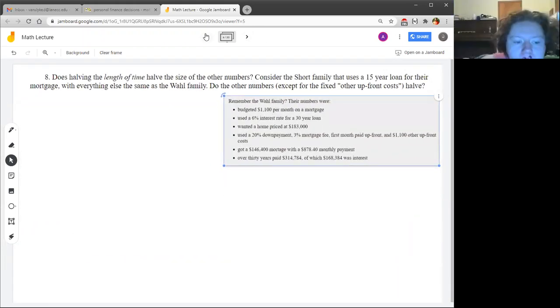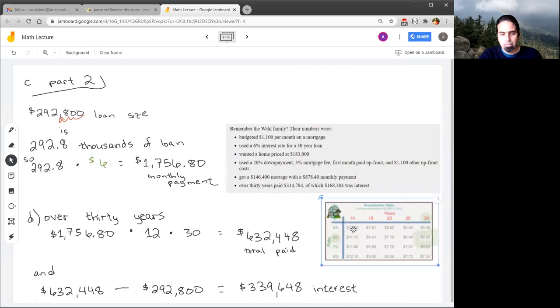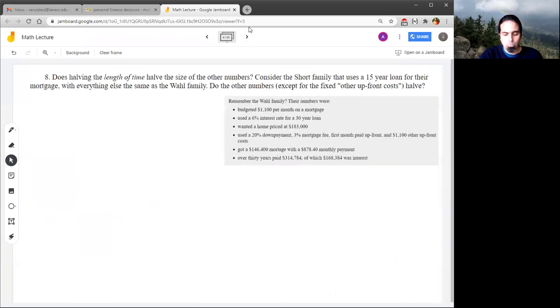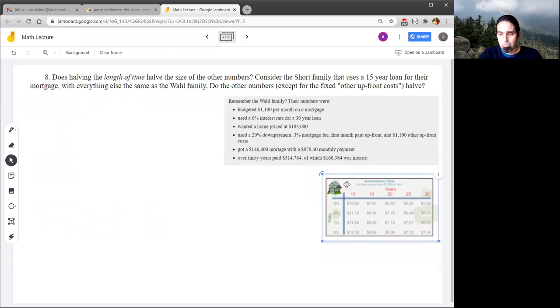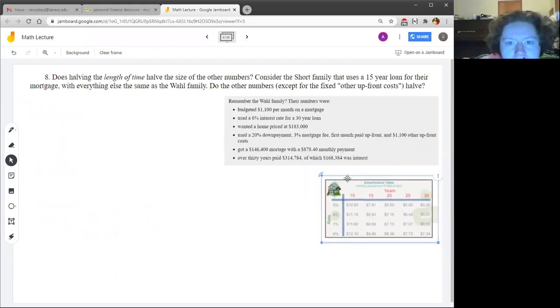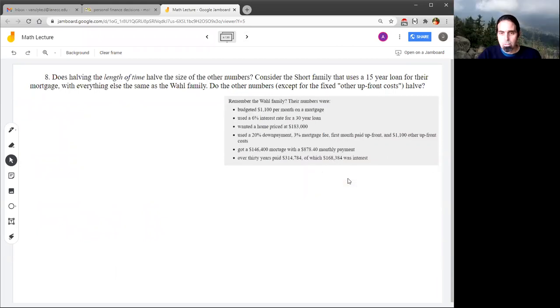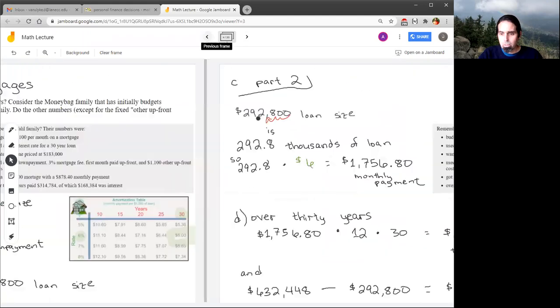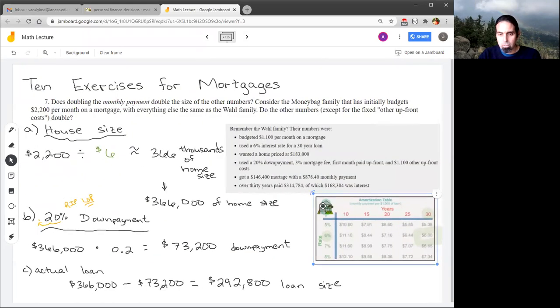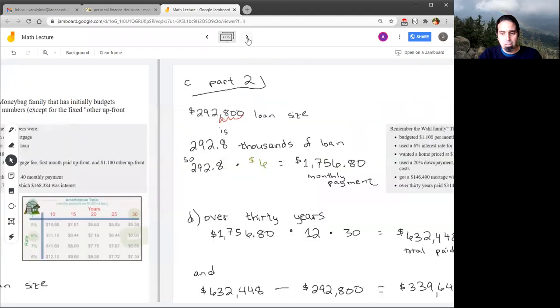So we're starting over. We're ignoring the doubling that we just spent problem 7 dealing with. Now I don't want that table with the green highlights. I want that one.